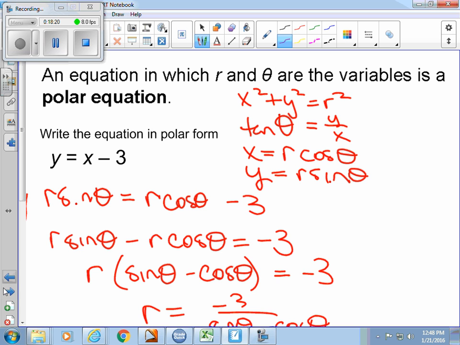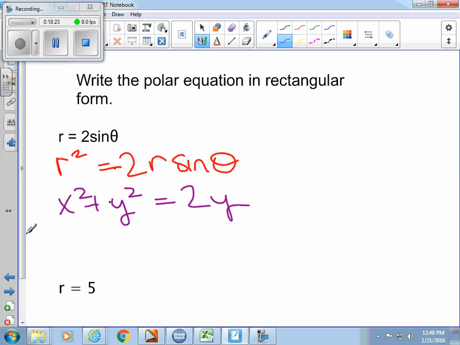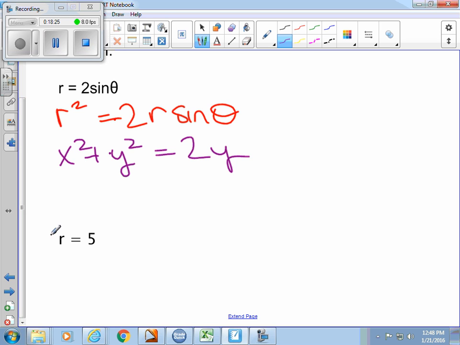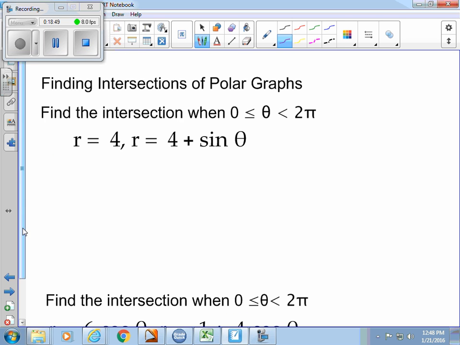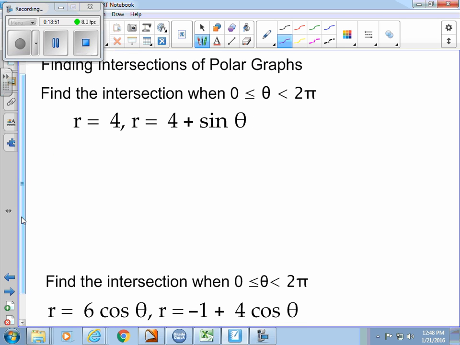So that's kind of where this is heading, as you can imagine. Square both sides. Makes perfect sense, right? So that's converting polar to rectangular, rectangular to polar. That's like 2 days of trig calc in one.